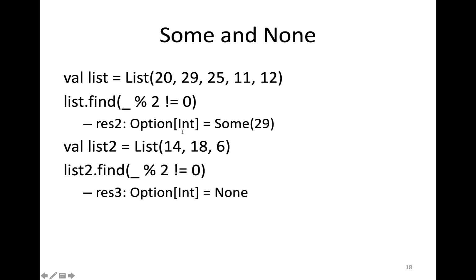It means that there can be some integer, and in some other cases there may not be an integer, and both of these cases are under this Option class or Option[Int] type. So that means Some(29) is a valid Option[Int] type, None is also a valid Option[Int] type. In this way we solve that previous challenge I talked about, correct?